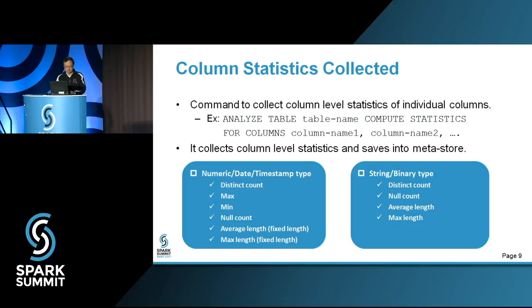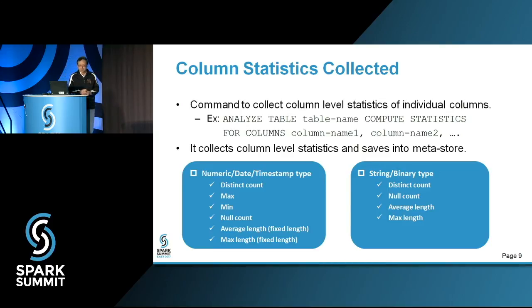The column level statistics we collect are the distinct count, which means the number of distinct values for a given column, and then the maximum value, minimum value, the number of nulls, and also the length for a given type. This is for numeric data types, such as integer, double, float, and also date and timestamp.